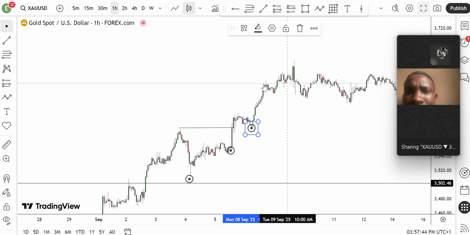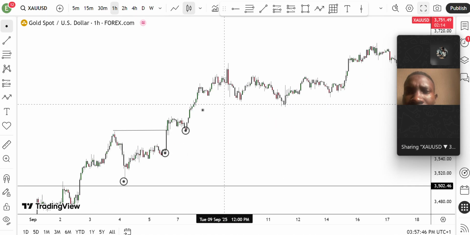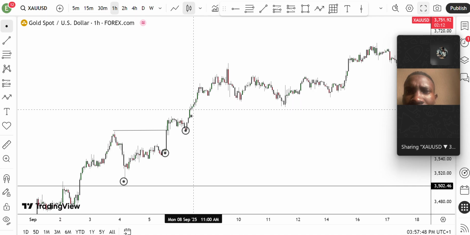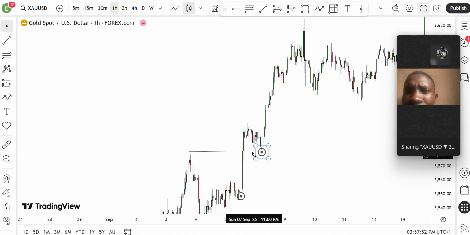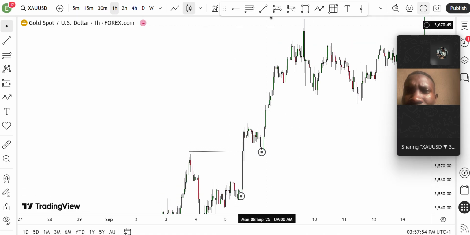Then when I did this, there was an imbalance here. Can you see it? This is the low that took this one out.